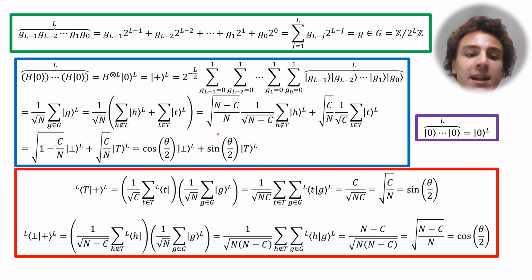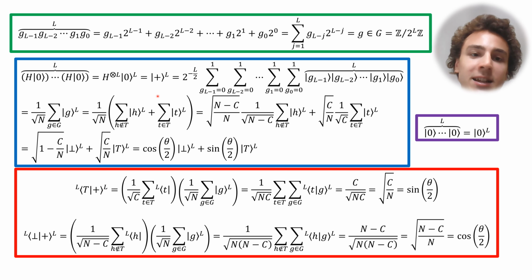If we were to take the inner product of the target superposition with this uniform superposition of all L-qubit computational basis states, then we would actually get sine of theta on 2. And we can see that in the red box. So over here we have an inner product. We're taking the inner product of the target superposition and this plus state.